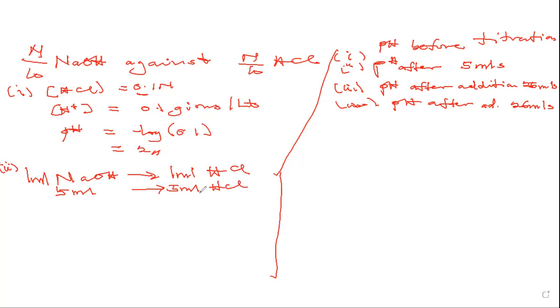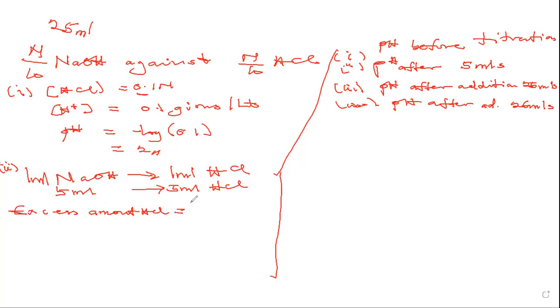Once you're adding 5 ml of the base, you're going to neutralize 5 ml of the acid. And if you're neutralizing 5 ml of the acid, we need to ask ourselves, what is then going to be in excess? The acid that was there initially was 25 ml, and we have been able to neutralize 5 ml of that acid. That means our acid will still be in excess. So let's find our excess amount of acid.